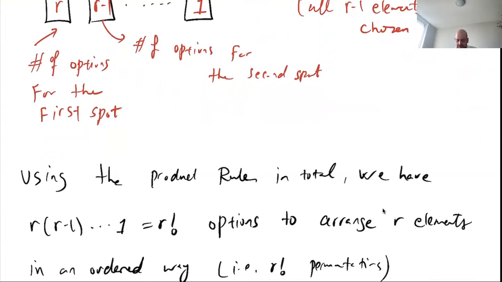In total, we have r times r minus 1 times all the way times 1. And this is the definition of r factorial, right? R factorial means 1 times 2 times all the way to r. So r factorial permutations for a set with r elements.